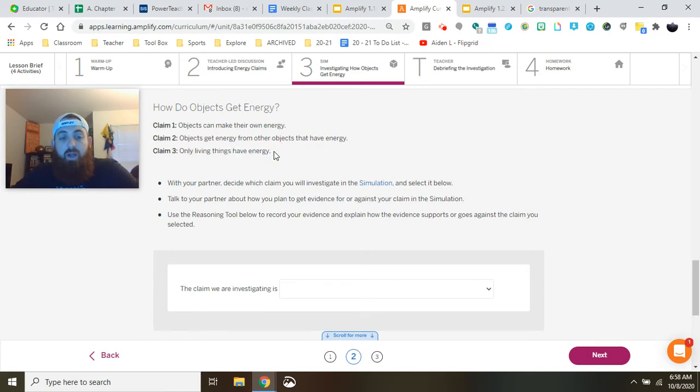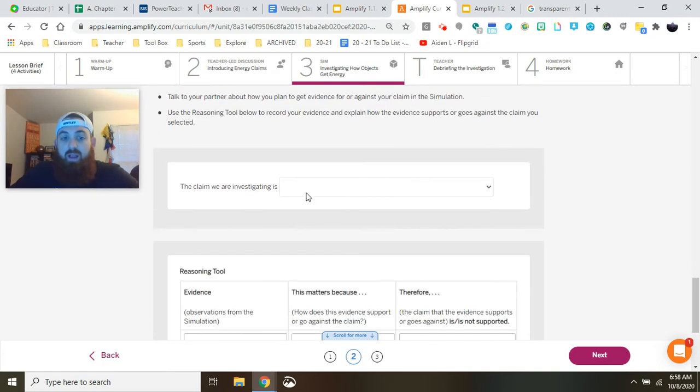Now, if you remember, we talked earlier in lessons that we can disprove a claim by using evidence to oppose it. And we're going to be using that as an example of how to fill out our sorting tool below. So you should have had your simulator pulled up with your different examples and your observations as to how energy is transferring and being converted.